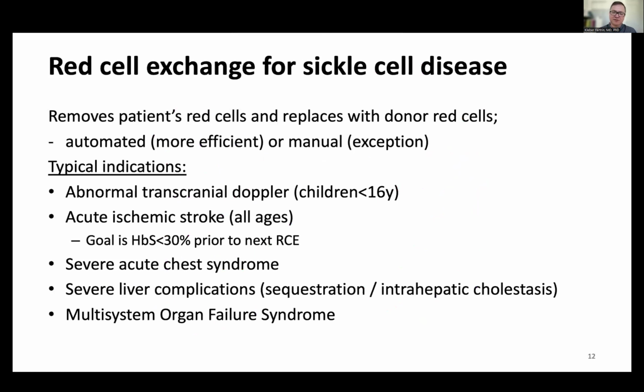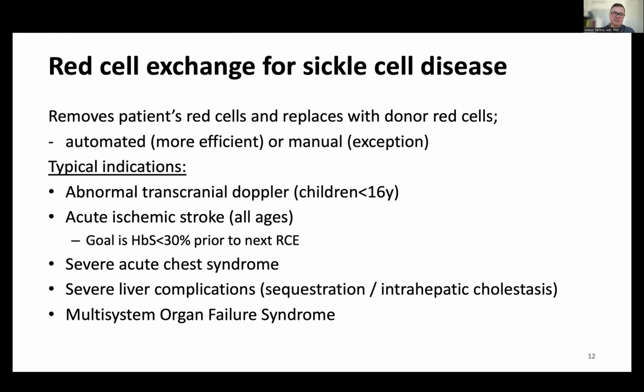There's a different approach to transfusion called red cell exchange that many of you must be aware of, and we use that to remove the patient's sickle hemoglobin-containing red cells to replace them with donor cells. It's usually done automatically with the machine. It's more efficient, but it can be done manually exceptionally.